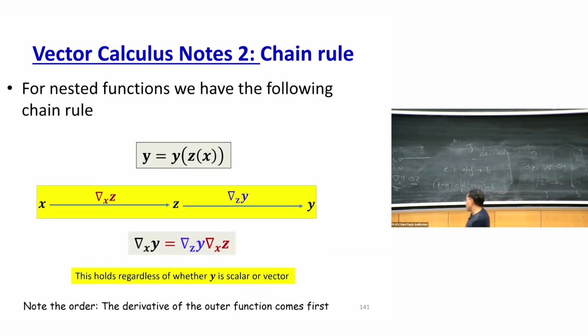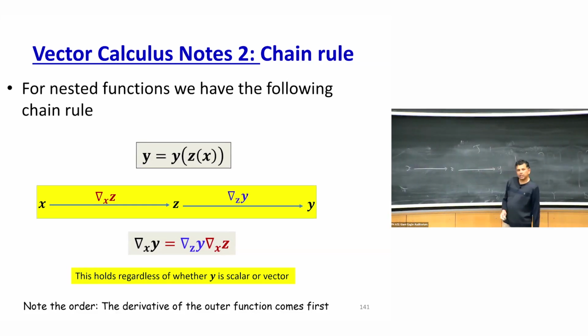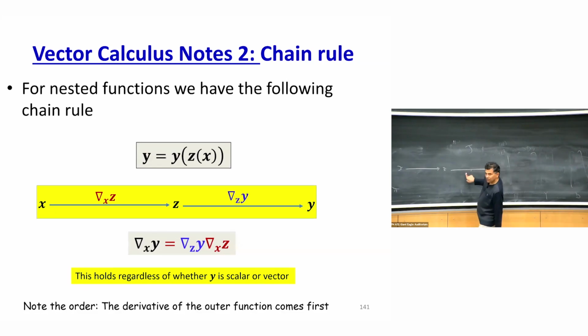Now we can go ahead and also have the chain rule as before, and here please keep track of the order in which we multiply things. I can say x influences z influences y. These all are vectors. So what would these edges carry over here?